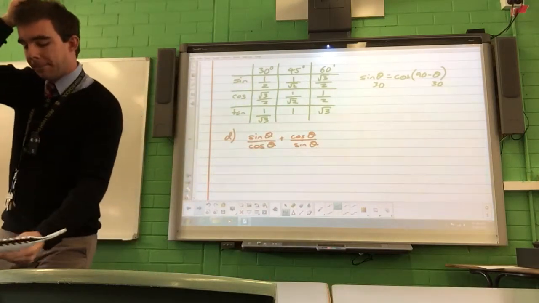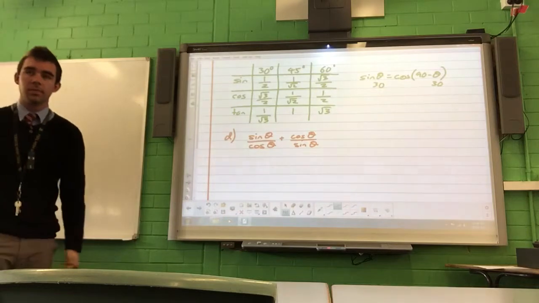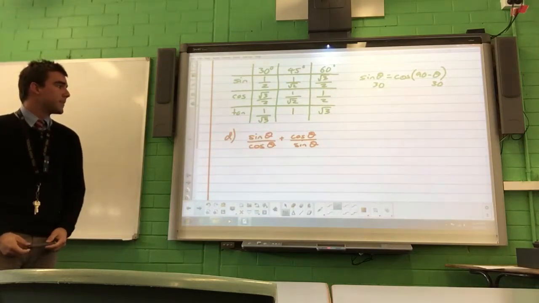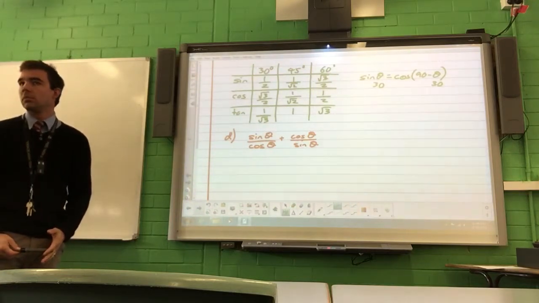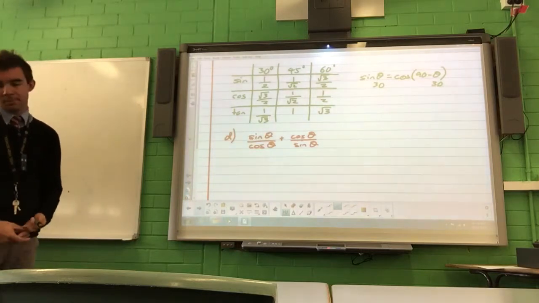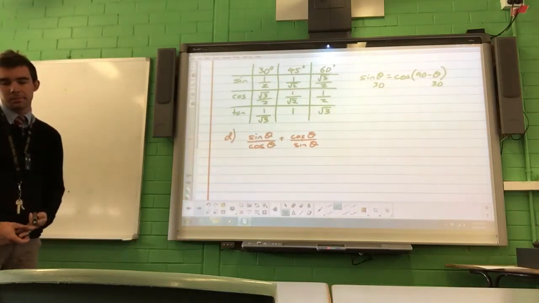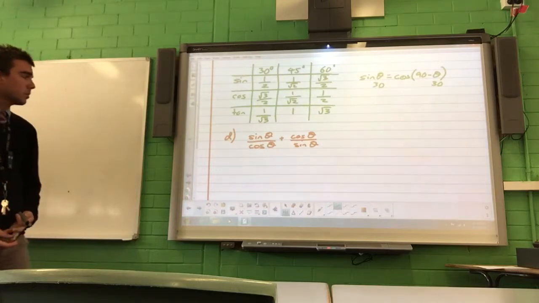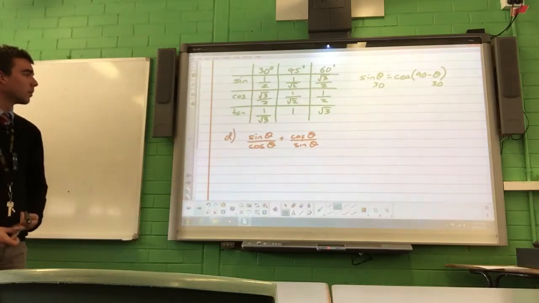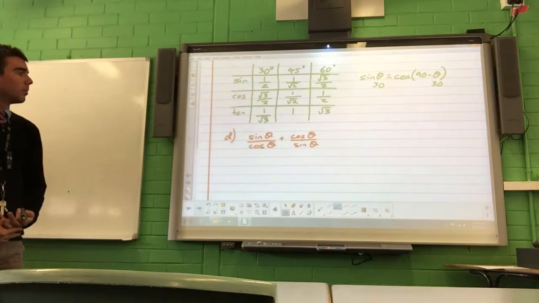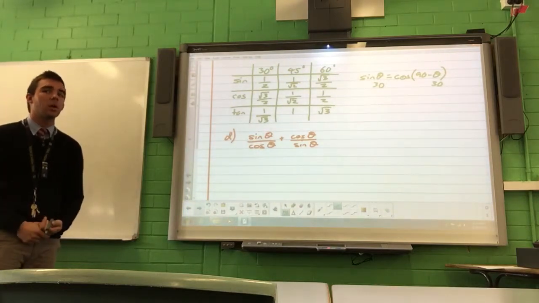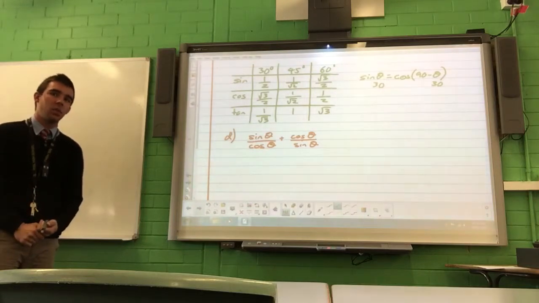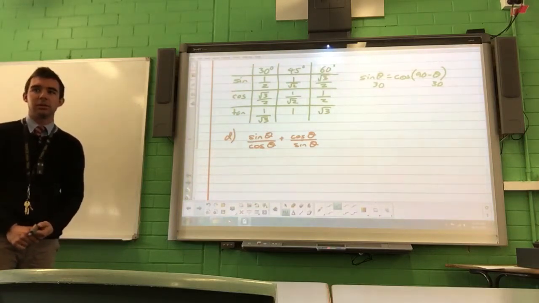Let's simplify this one. Tan plus cot. Right, so yes, it does equal tan plus cot, but when you get a question of this nature, what would be the first thing you would have done?